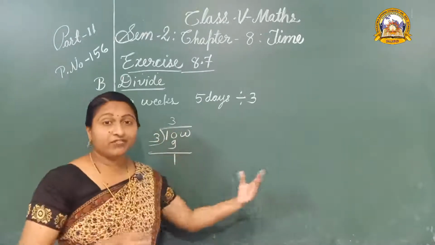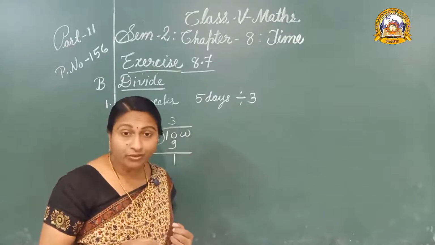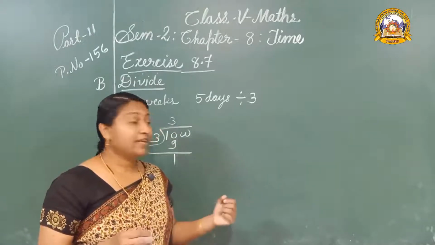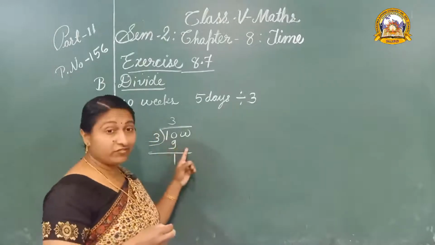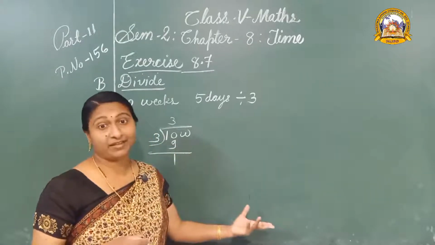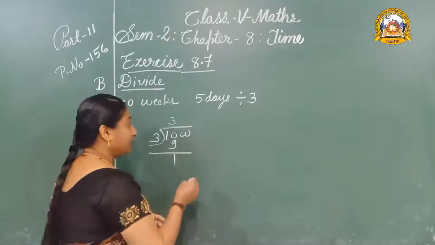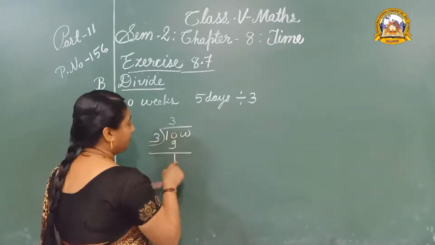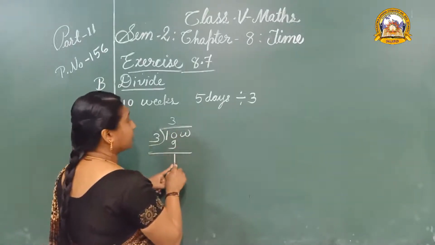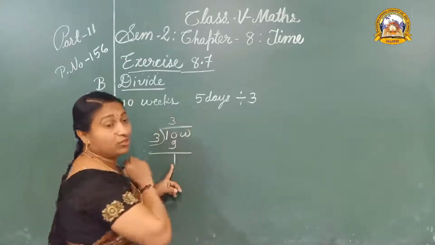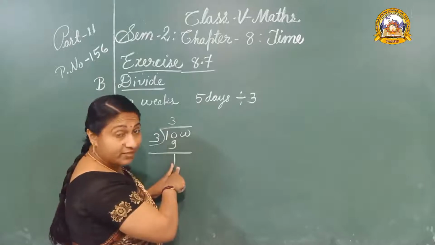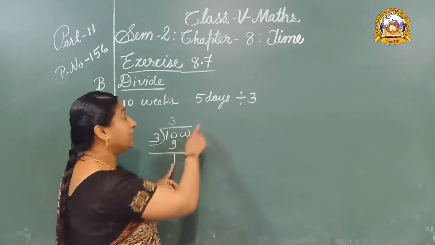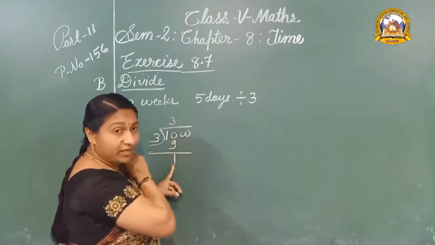In the multiplication works, what were we doing? Yes, we were doing the division work, but in the division work we have to multiply. Okay. Here we can take this 1 week to days. Means 1 week means 7 days. 7 days plus 5 days.